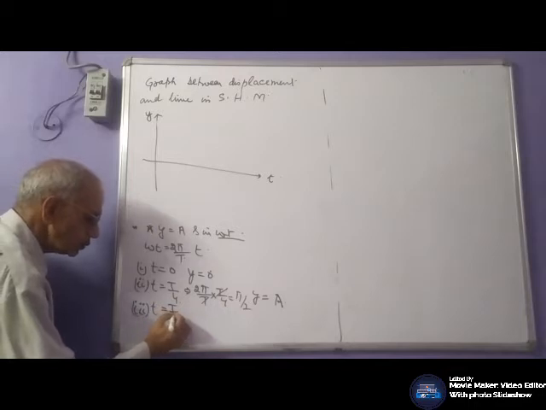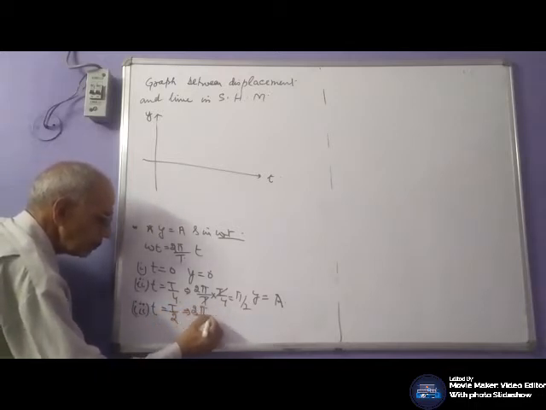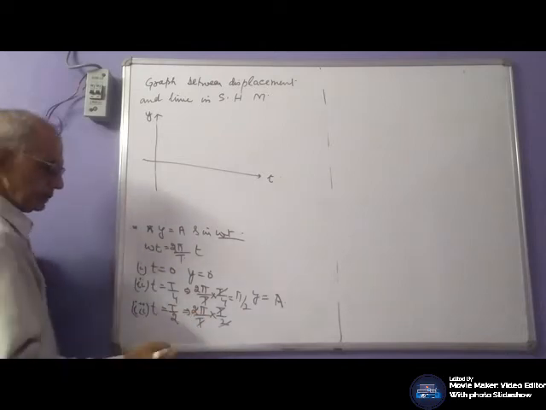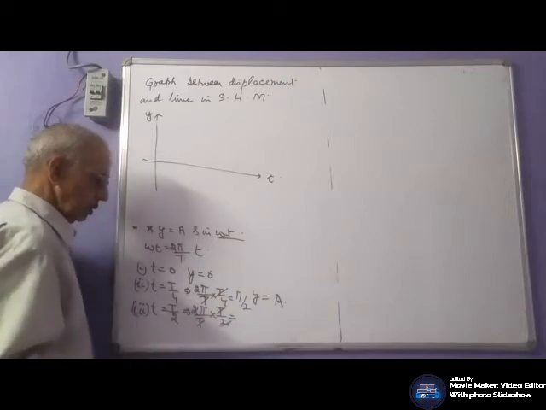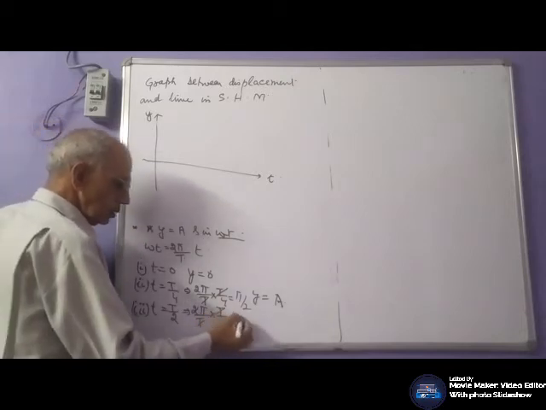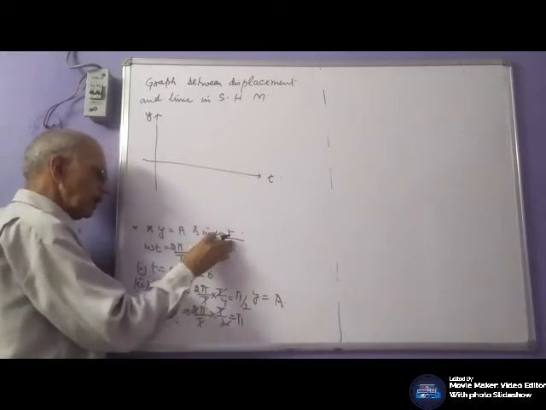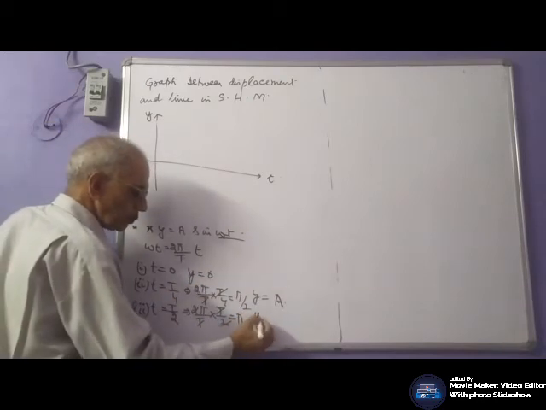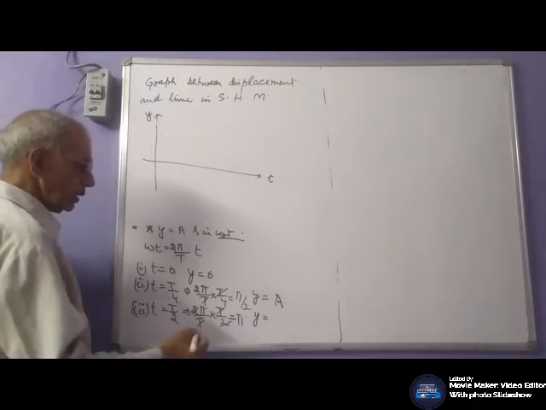T by 2, 2 pi by T into T by 2, sine 180. Again 0, again y is 0.